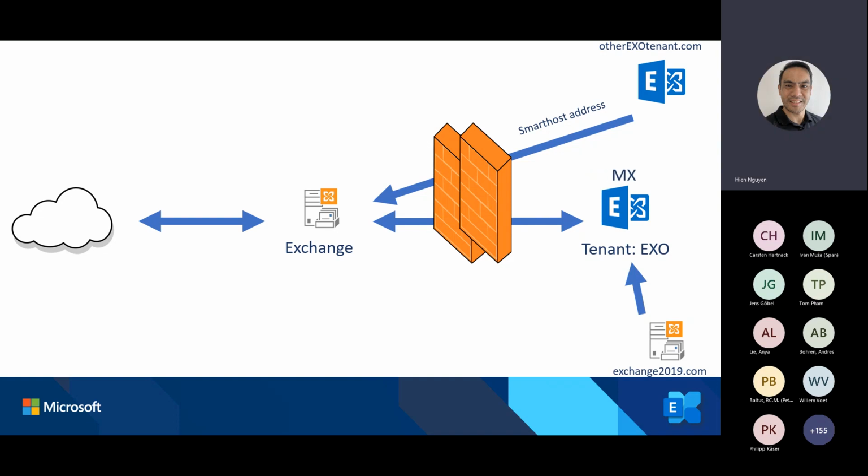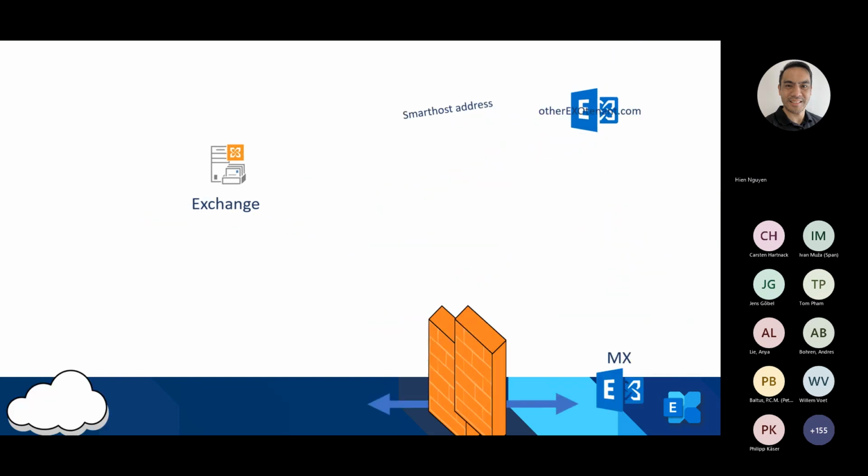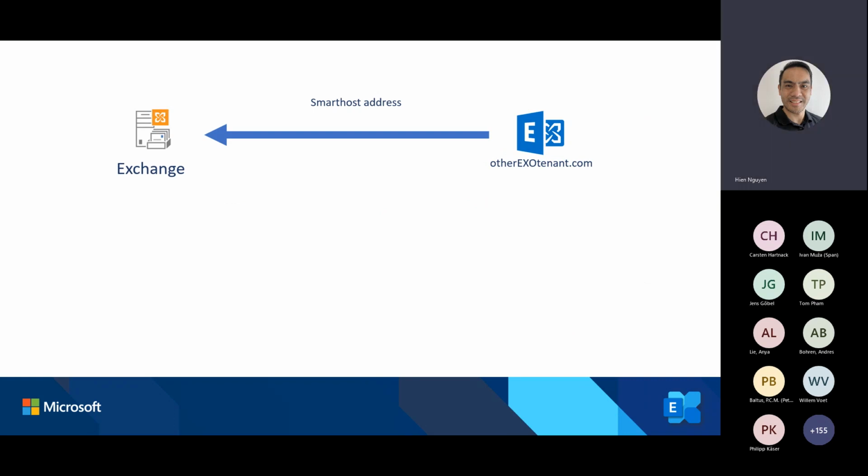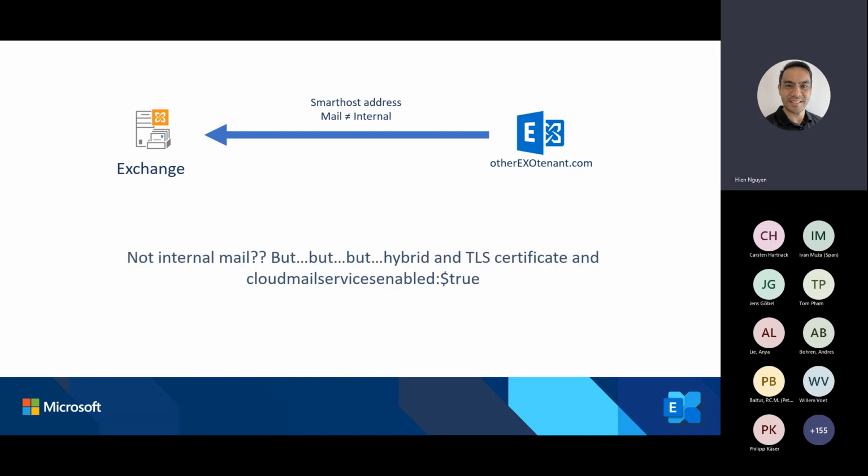And then when your MX is pointed to Exchange Online, when another tenant sends an email directly to Exchange on-prem environment, the mail will not be considered internal. Why is that?